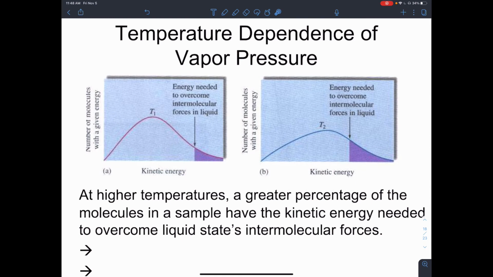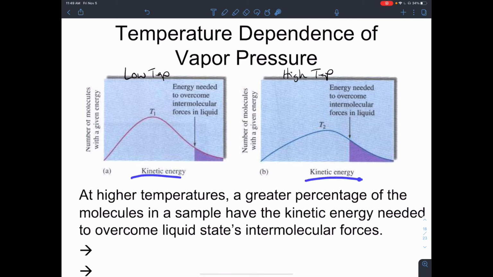This is just another graph showing us similar data on that relationship between temperature and the movement of the particles. The graph on the left shows us T1, that's a low temperature, and the graph on the right shows us T2, that's a high temperature. And on the x-axis, we have kinetic energy, so the energy of motion.